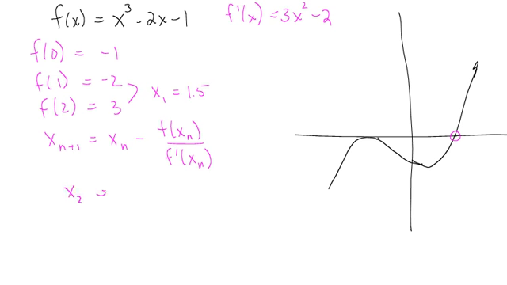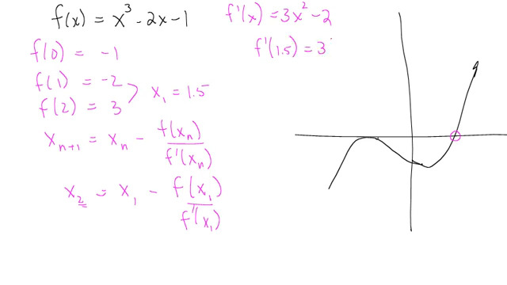So my second guess, notice n is now, the subscript has gone up to 2 because it's my second guess, is my first guess minus the function at my first guess divided by the derivative of the function at the first guess. So what's my derivative at x equals 1.5, which was my first guess?